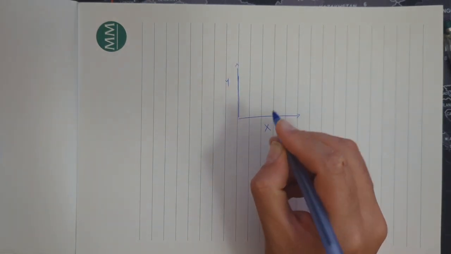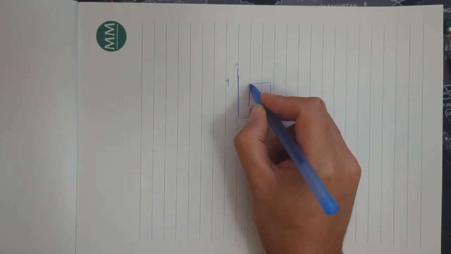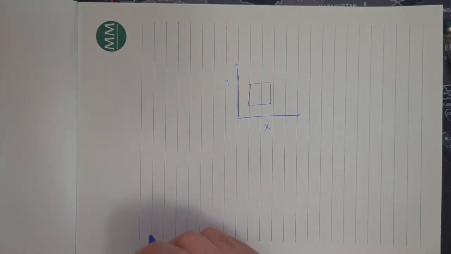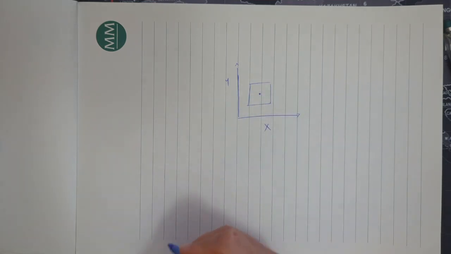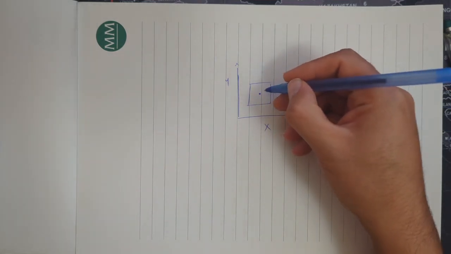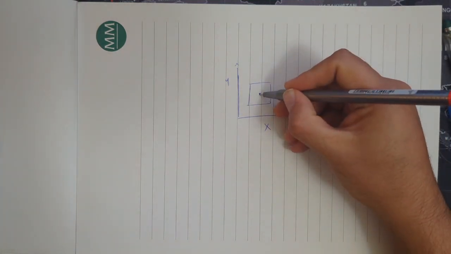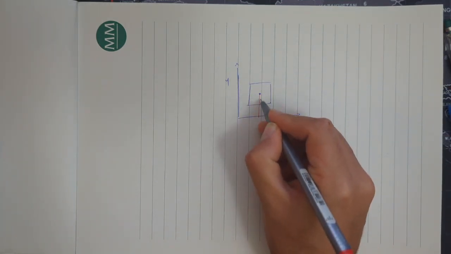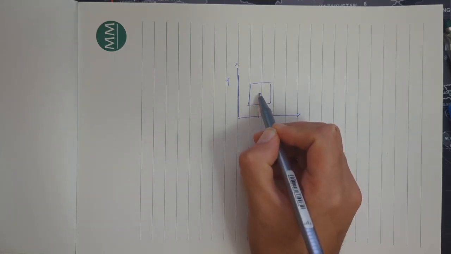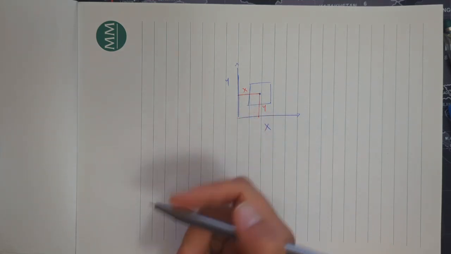For example, if we have an object, a beam, that we want to know the moment of inertia of, so for example, this point, this is going to be the y of this point. This is going to be the x of this point, as you can see.